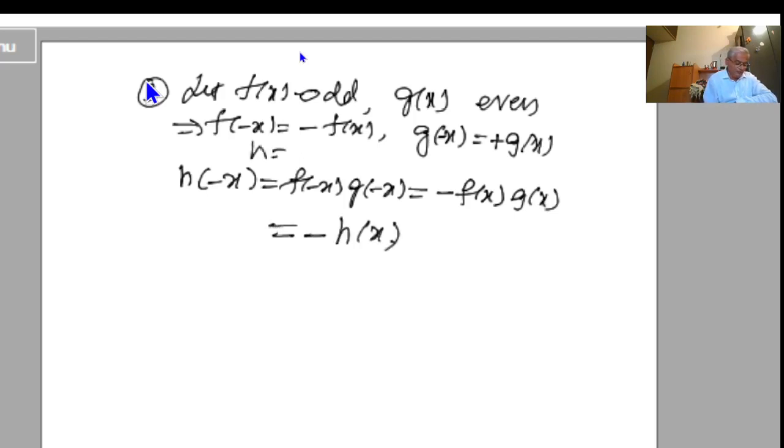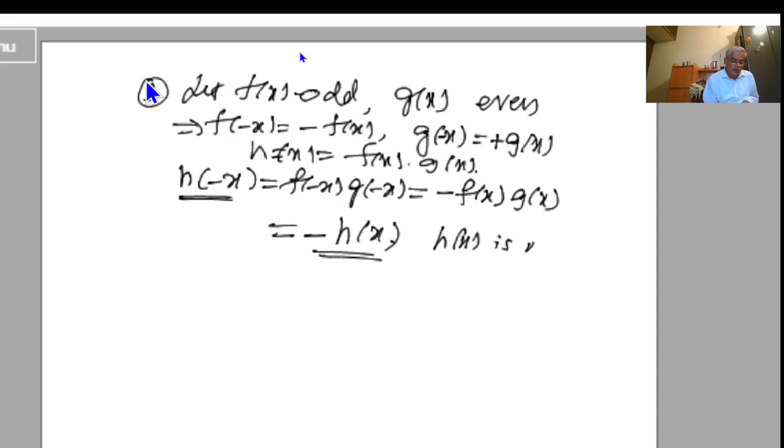Here we have h(x), we have taken this as f(x) times g(x). Okay. So here I am getting h(-x) equal to -h(x). That means h is an odd function.